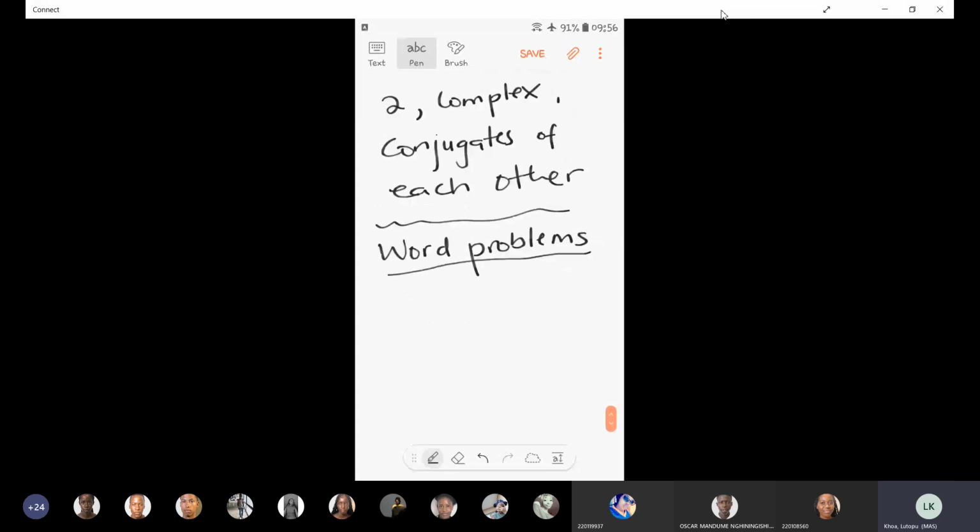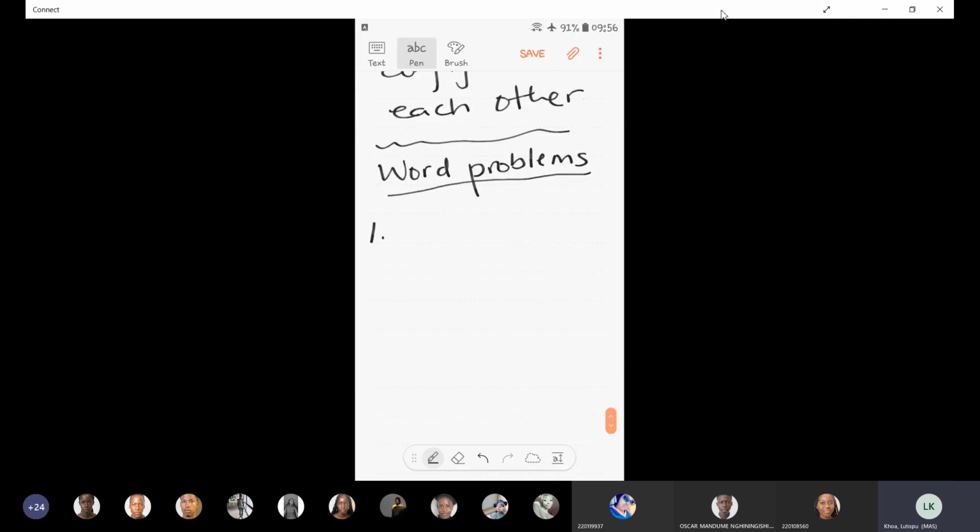So the first one says the sum of a number and its reciprocal is 13 over 6. What are the numbers? This is a question from your notes, so you can follow along. It says that the sum of a number and its reciprocal is 13 over 6.